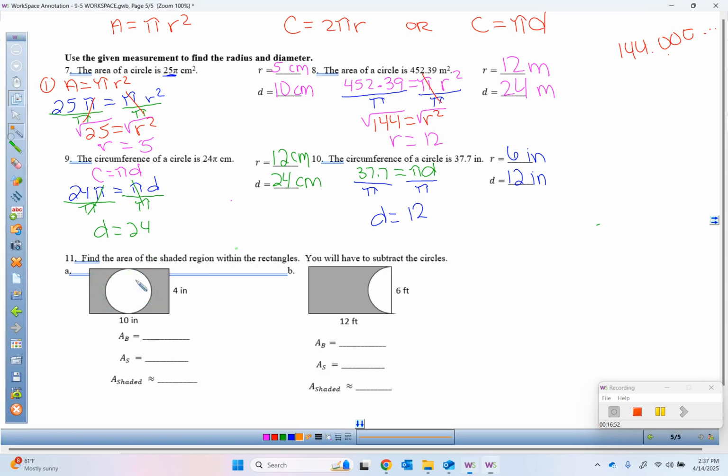If we subtract the circle from the whole thing, it should leave us with the shaded region. The whole thing is a rectangle, and to find the area of that, it's just base times height. So that'd be 10 times 4, which equals 40. So the area of the whole thing is 40.